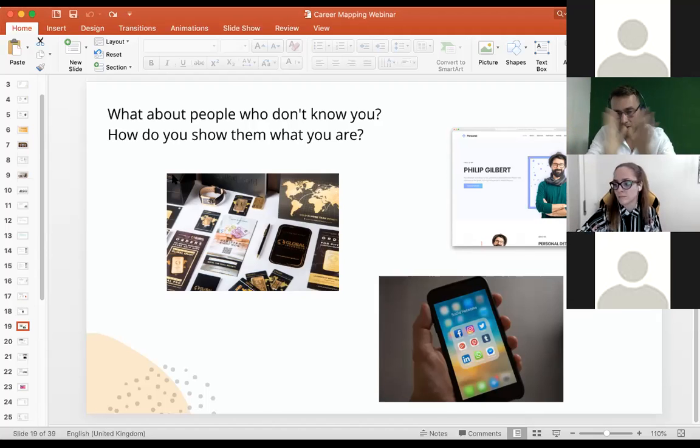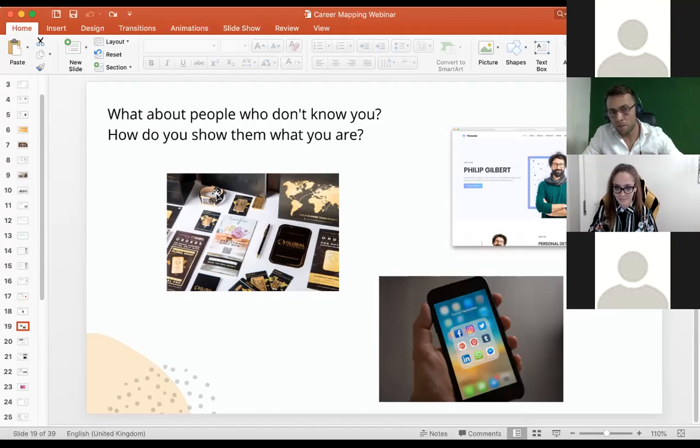This is what we explore and practice together in career mapping and personal branding. First we understand what we project at the moment, what we actually want to project for the job and the career that we want to get, and then how we communicate and promote our personal brand. These are the topics that we actually practice together.